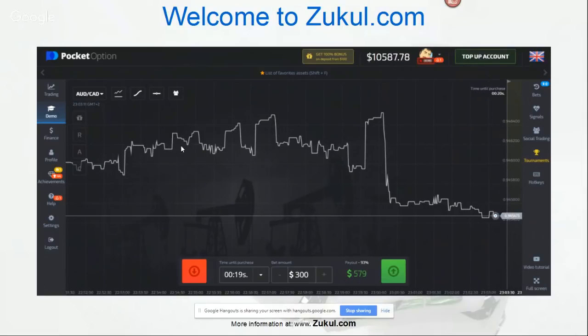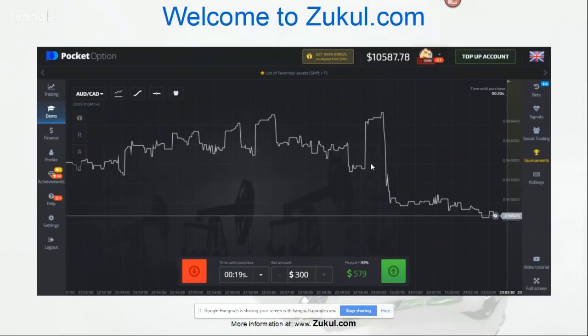This is where we have the opportunity to place a bet to say that we think the price is going to go down, and as it goes down, we could then collect a profit. However, if we placed a bet here to say that the price would go up, then because the price went down, we would lose that bet.